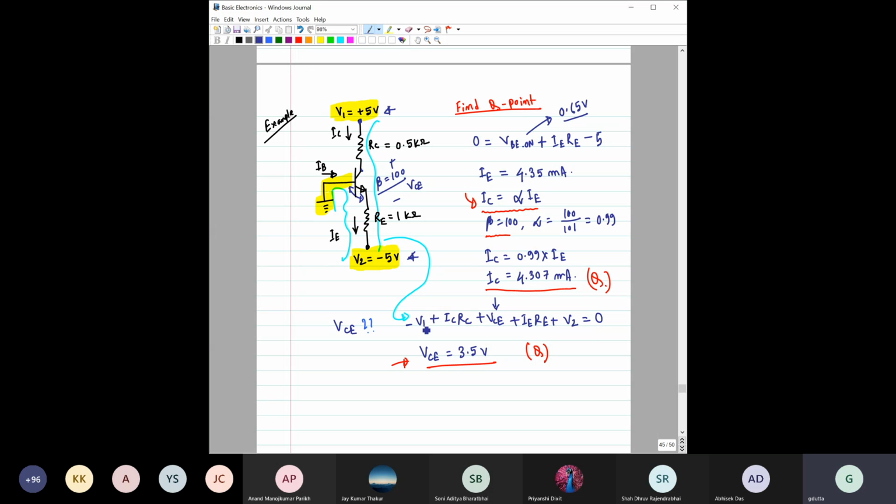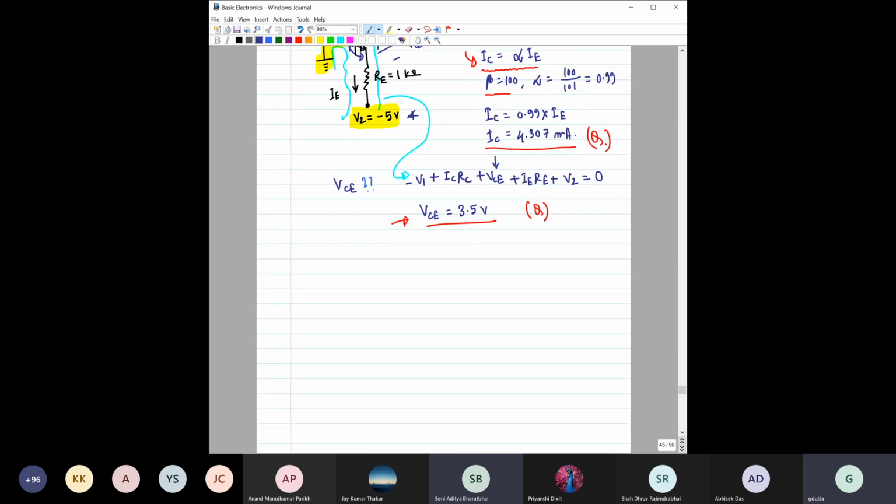Can I make this change? Yes, you are absolutely right, because it is a positive source. So it is like V1 equal to this one, or I can write minus of V1 because we are starting from this, and we are good. Is it fine, right? Yes, sir. Okay, thank you.